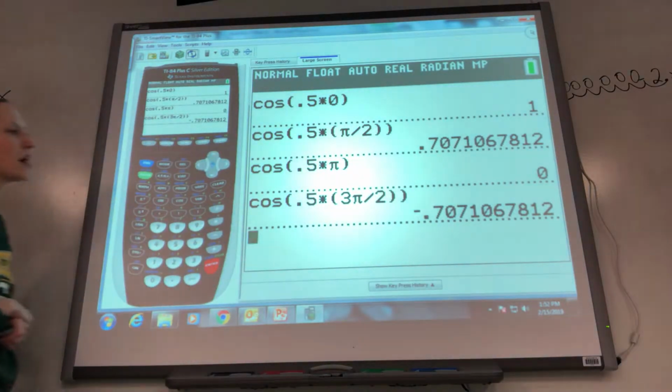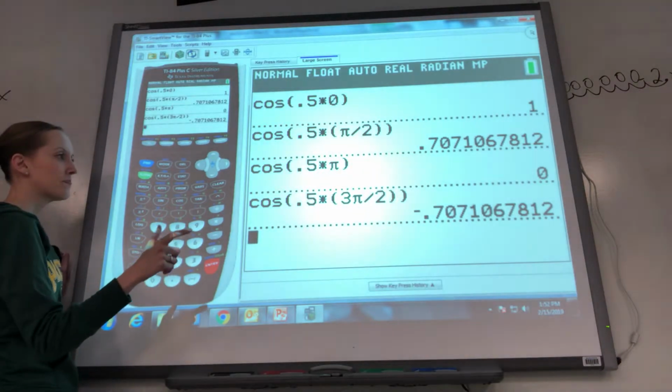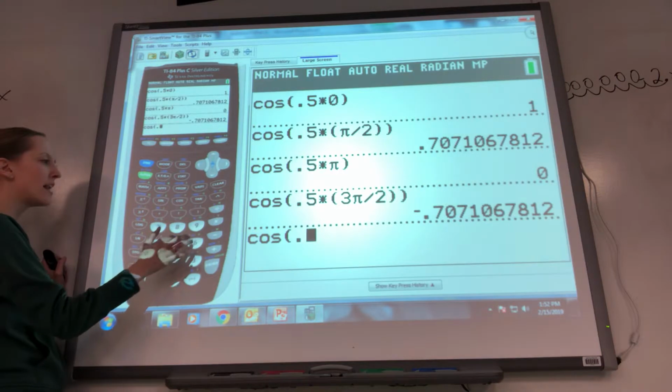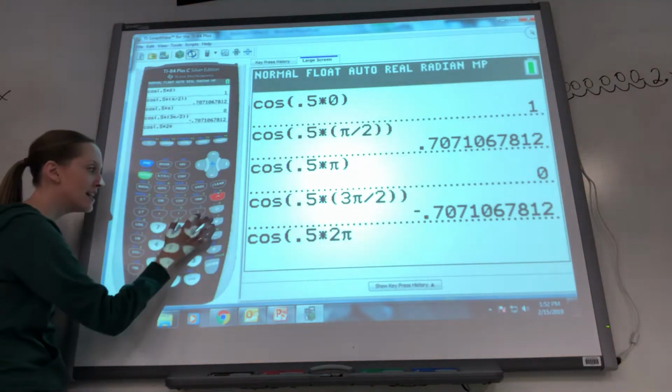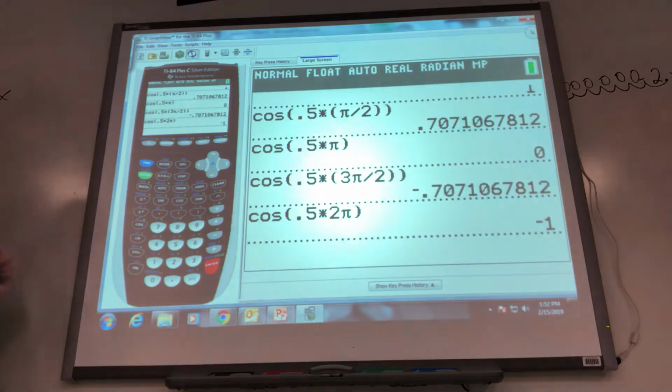But that ends up being like a negative 0.71. And last but not least, cosine of 1/2 times 2 pi. That's basically like cosine of pi, and that gives me back a -1.